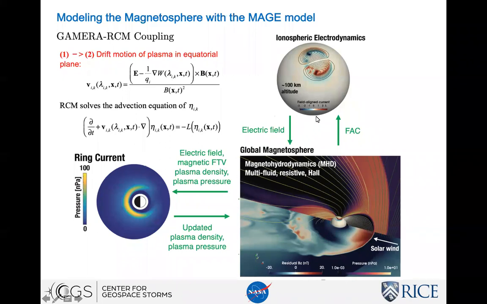The electric field calculated by MIX is passed indirectly to RCM to drive the E cross B drift. In return, the RCM redistributes the drifting plasma and feeds back the plasma density and pressure to the MHD.